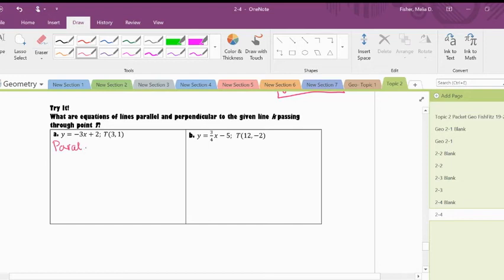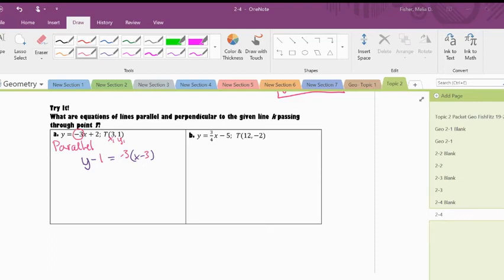So if you had parallel, your slope should have been -3, and your point with your x1, y1 right there is the 3 and the -1. So you should have written out your equation, and then you should have plugged in -3, and you should have plugged in 3 and 1, and you could have left it there.